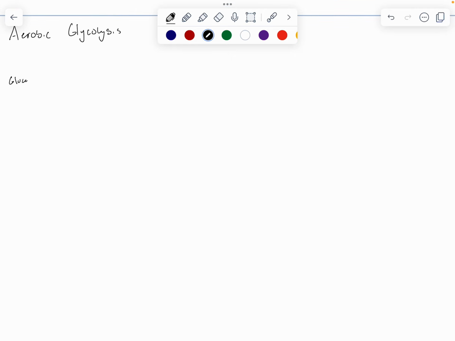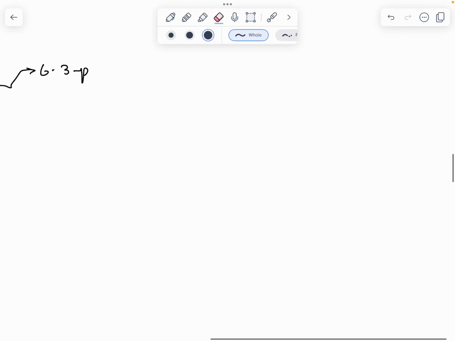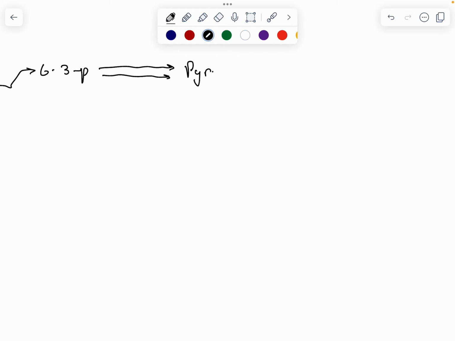I'm going to go glucose to G6P, then F6P, F1,6BP, and then G3P, and then I'm just going to fast forward down here. Actually, I'm going to shorten those arrows just so we have a little bit more room. We're going to fast forward down this way. We'll turn into pyruvate. And I'm just going to keep lactate on here for the sake of it, just to keep our whole roadmap present.